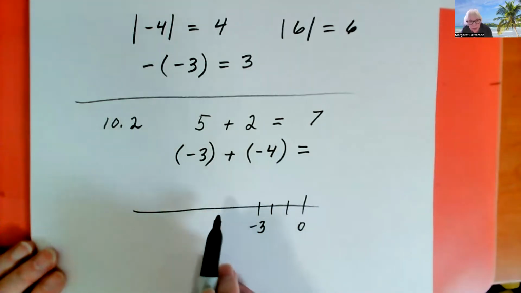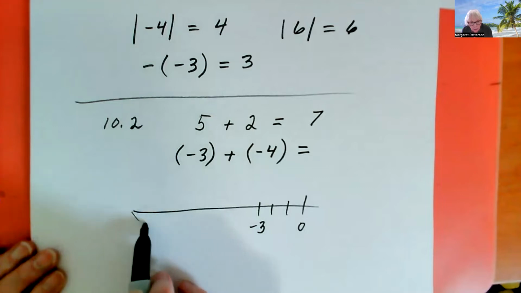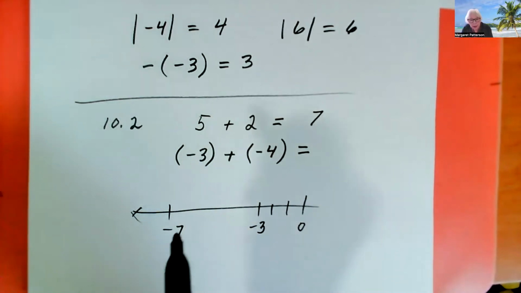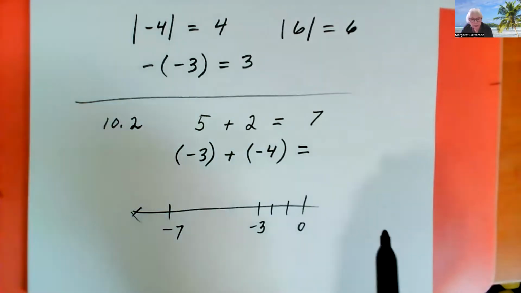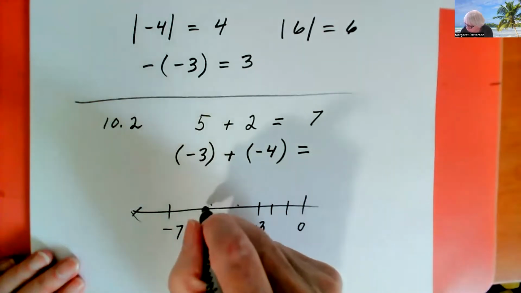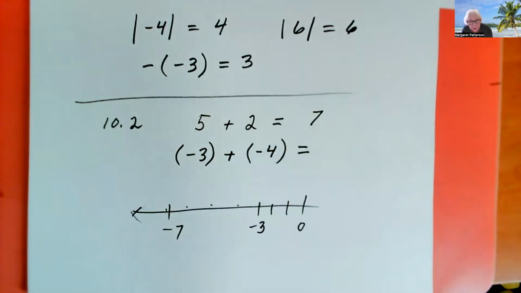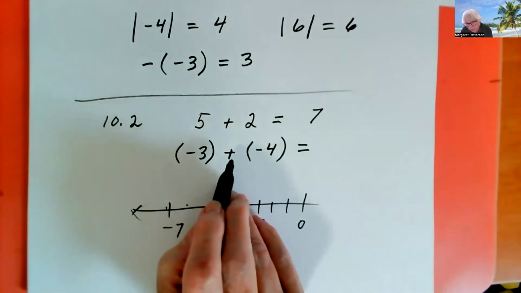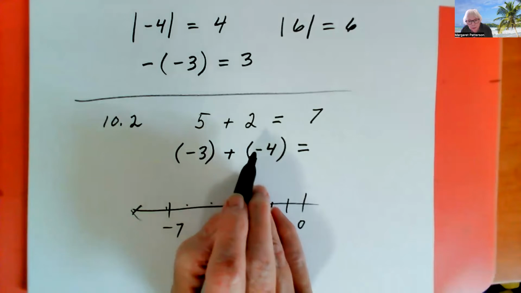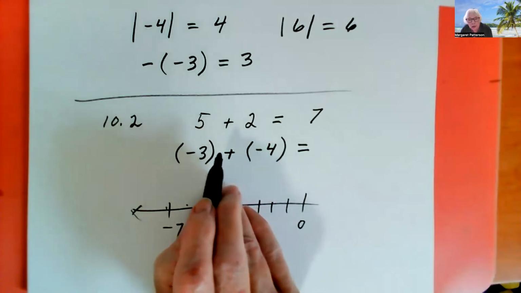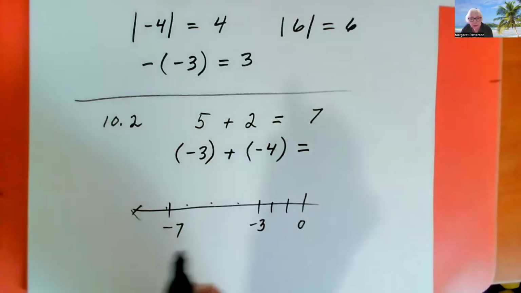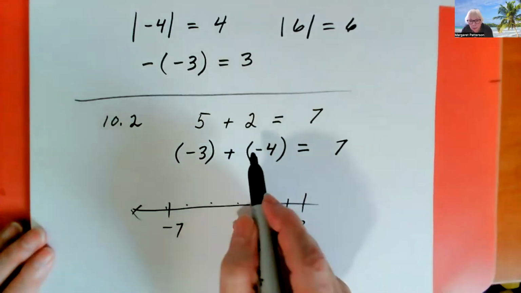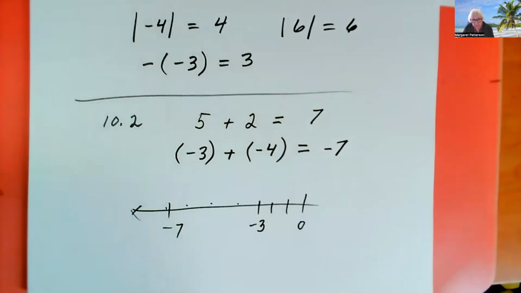So what you're going to do is go even lower on the number line, and you're going to end up at -7. Now, how are you going to do this without drawing a number line and counting over 1, 2, 3, 4? Well, the simple rule is this. If you're adding, which we are, and both of them are negative, you take the absolute value of each. The 3 and the 4 make 7, but these are both negative.